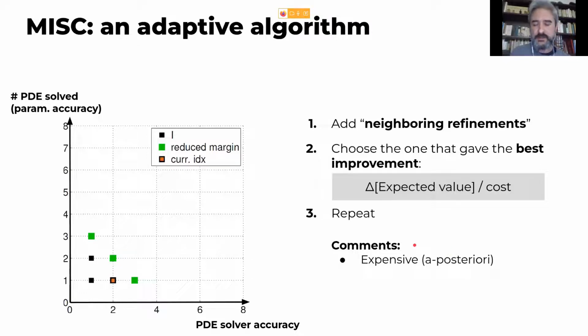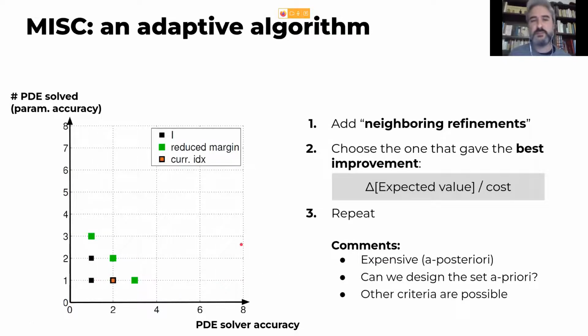If you can get an estimate of how much improvement you get by, for instance, finite element error estimators, you would avoid solving the PDE before actually realizing it was useless. There are other choices too; for instance, you can choose the set of combinations a priori. There's a lot of discussion here.